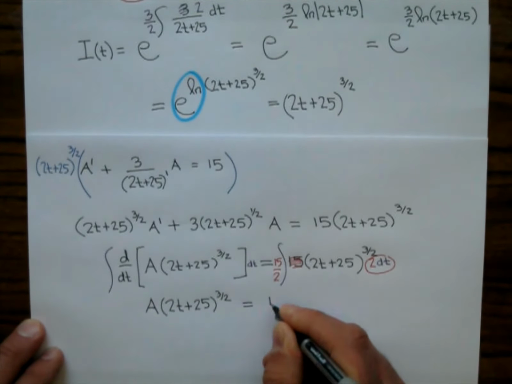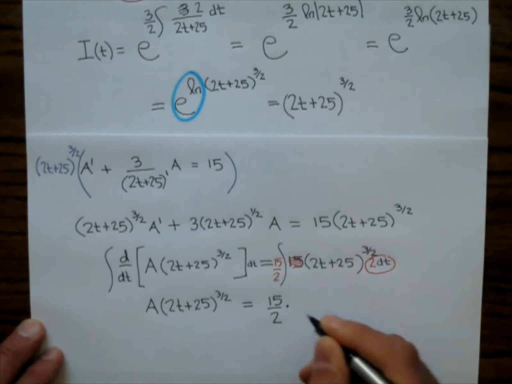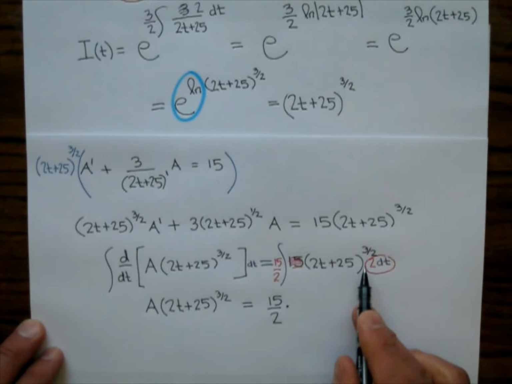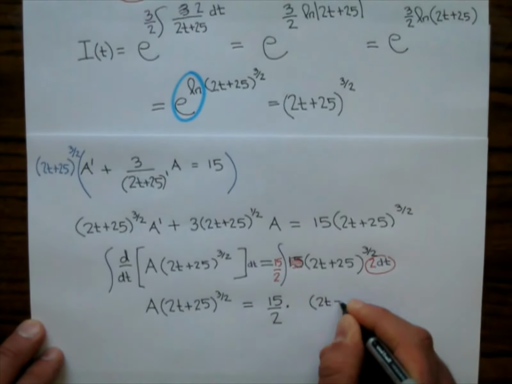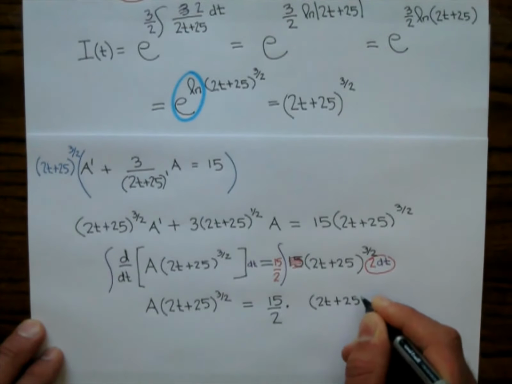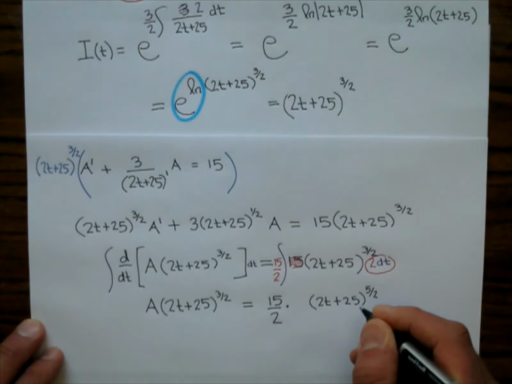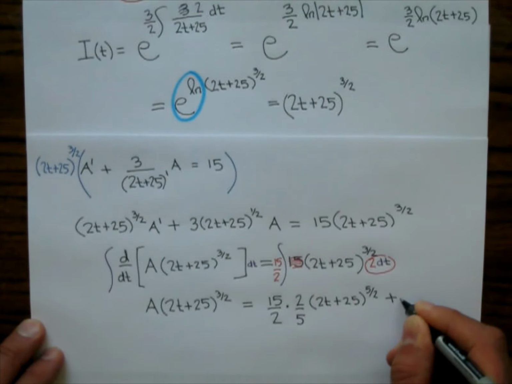So let's write this down. This will be 15/2, that's that constant, times the integral of 2t plus 25 to the 3/2 power. Something to the 3/2 power is going to be something to the 5/2 power divided by 5/2, or we can go multiplied by 2/5. Do not forget your plus C.